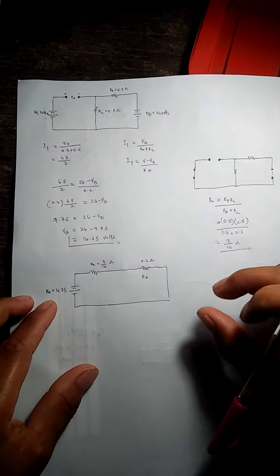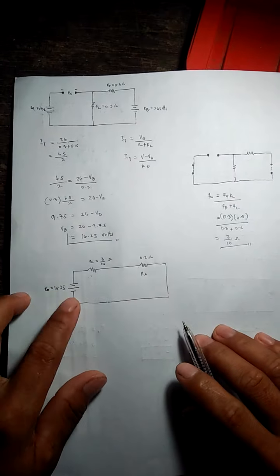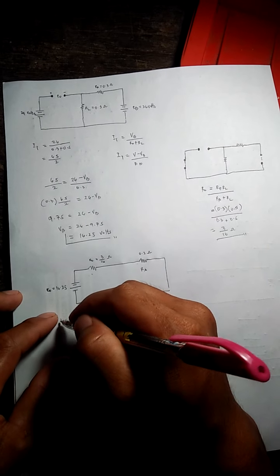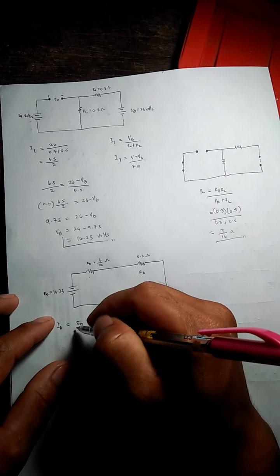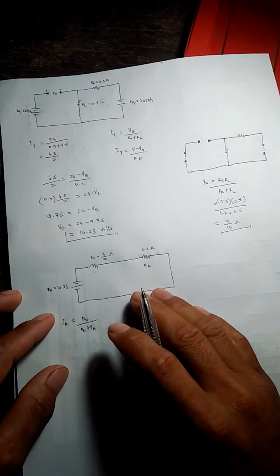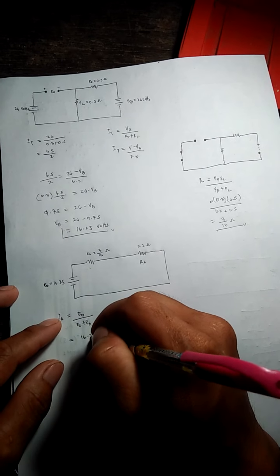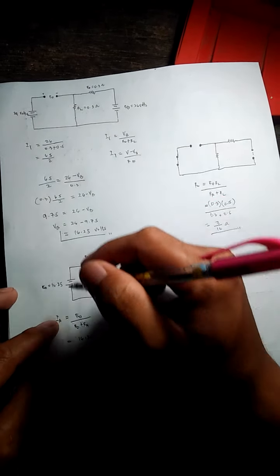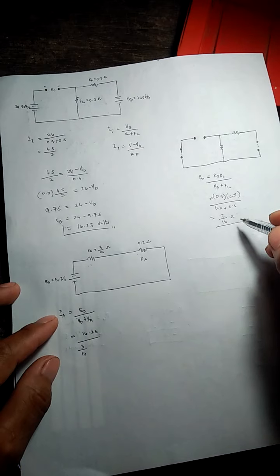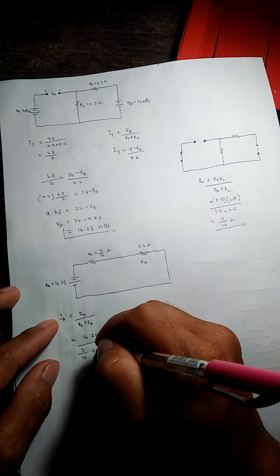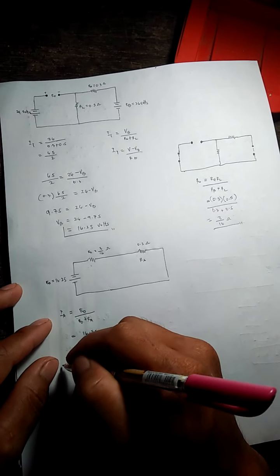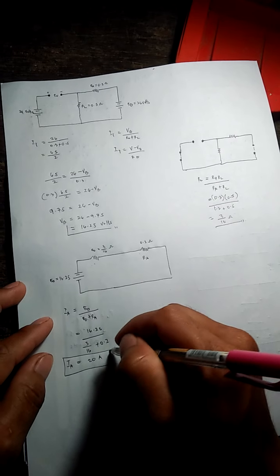I redraw the diagram using this given. So we can now solve IA. IA can be taken as EO over RO plus RA. Simply substitute 16.25 as our EO or the VB, over 3 over 16 as our RO plus 0.2. Directly solving in a calculator, we have 20 ampere for IA.